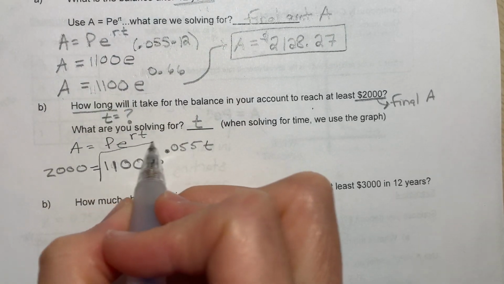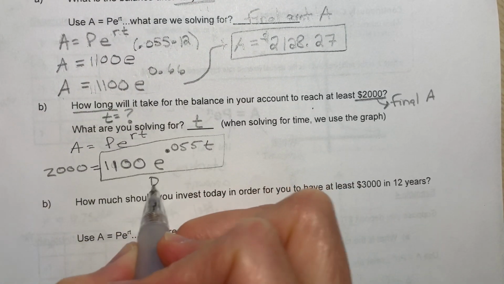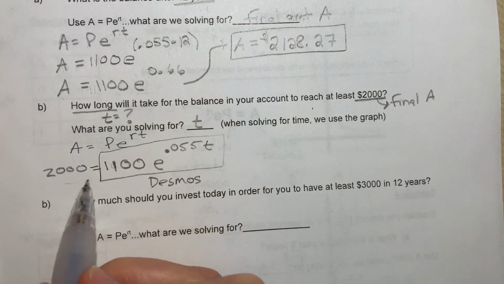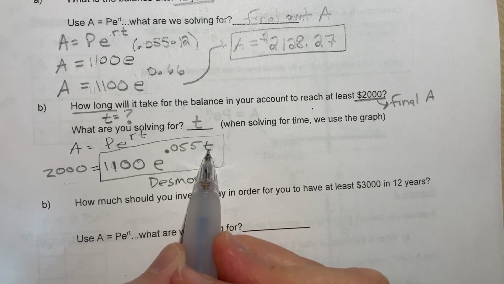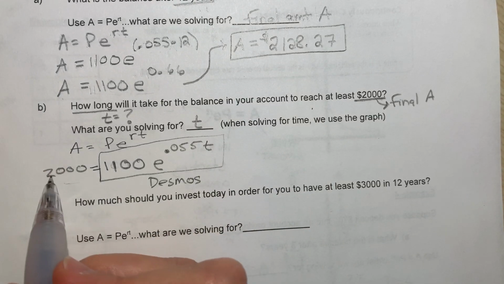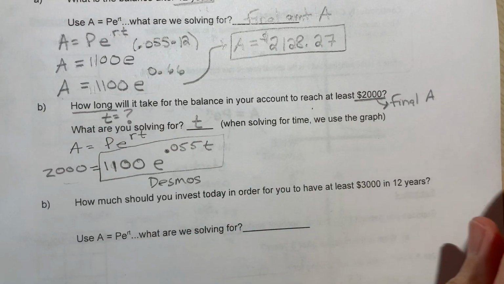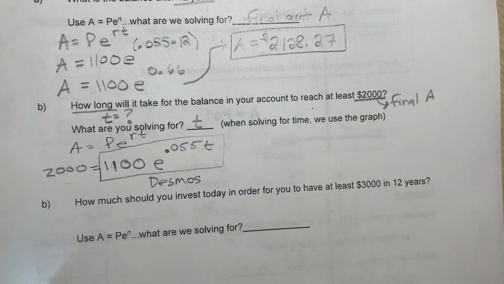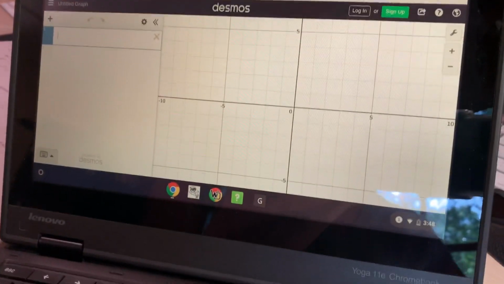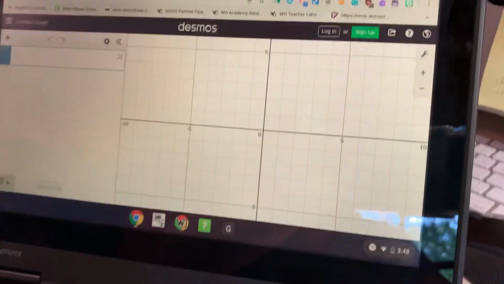Now remember, I'm putting this in Desmos, and then I want to see what X value will give me a Y value of 2,000. So I'm going to do this fancy camera trick again here. Let you see my screen. And what are we putting in?